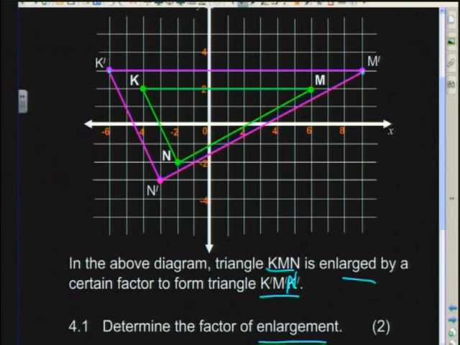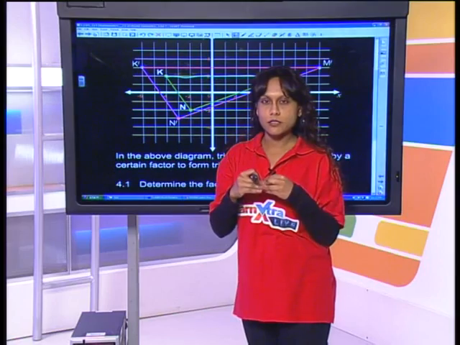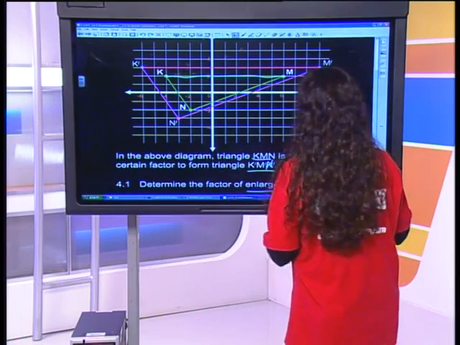I'm going to work out that distance and divide it by the distance from the original K to M. So we take the new distance K prime, M prime, divided by the original distance KM, and then let's see what the enlargement factor is.